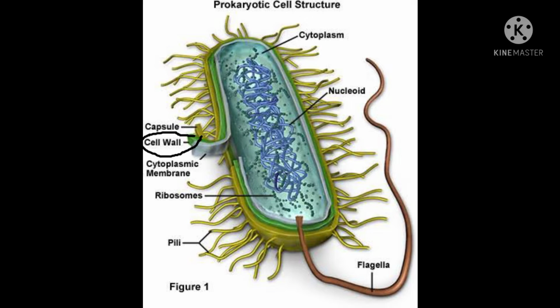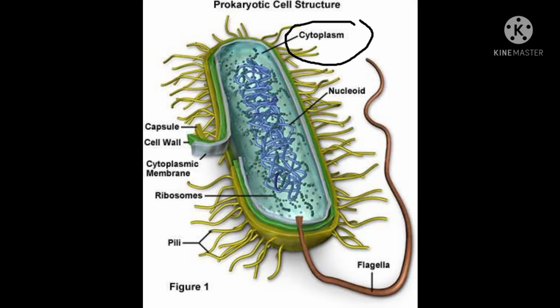It also helps to anchor appendages like the pili and flagella, which originate in the cytoplasmic membrane and protrude through the wall to the outside. The strength of the wall is responsible for keeping the cell from bursting when there are large differences in osmotic pressure between the cytoplasm and the environment.